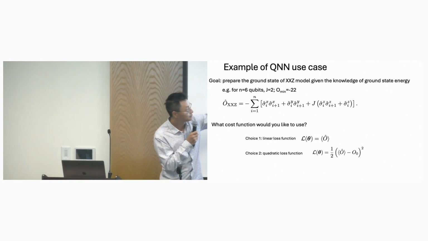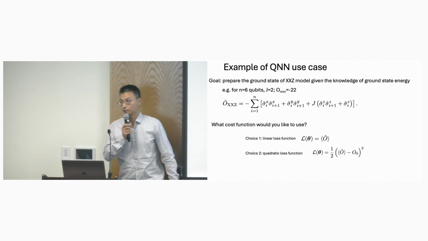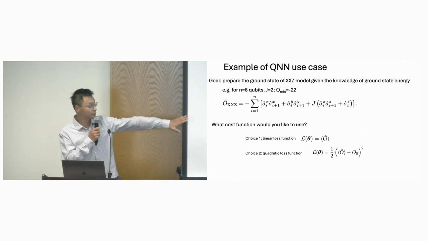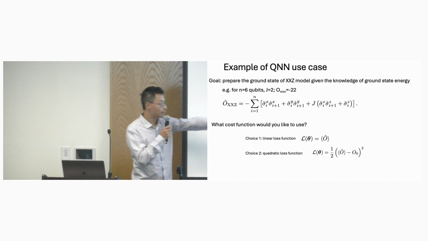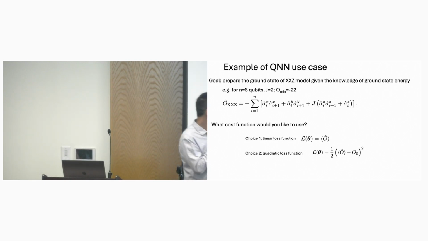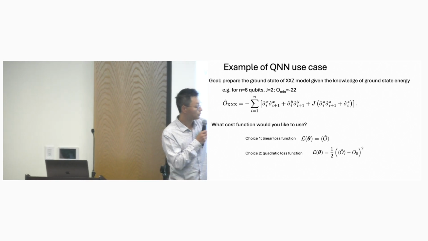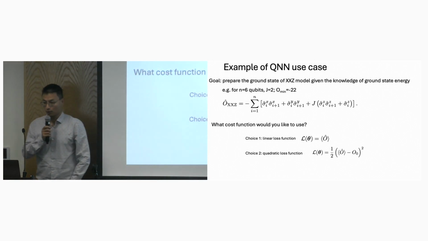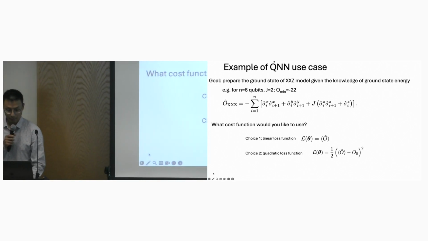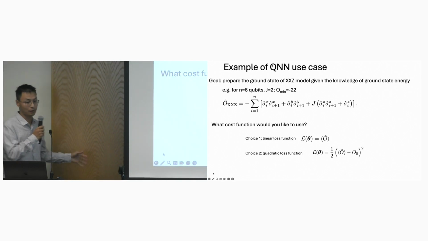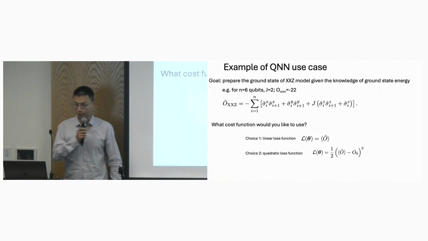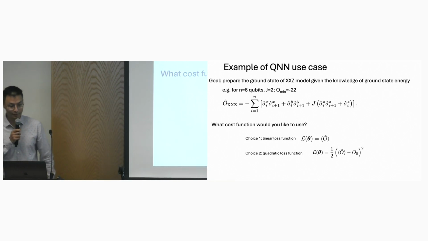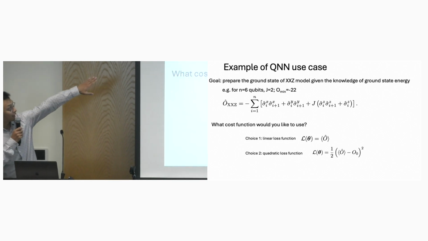Well, choice one is maybe we can just use a linear loss function, so you set the loss function to be equal to the observable O. Or you can use a quadratic loss function, where the expectation value of the observable O gets subtracted by O0, which is the target value you want to achieve, and then you square it. In this case, the observable O is just the Hamiltonian itself.